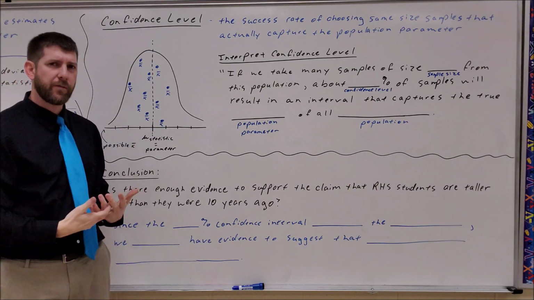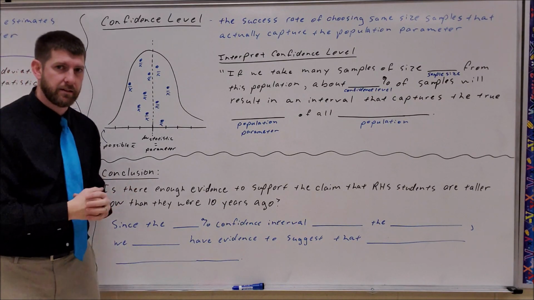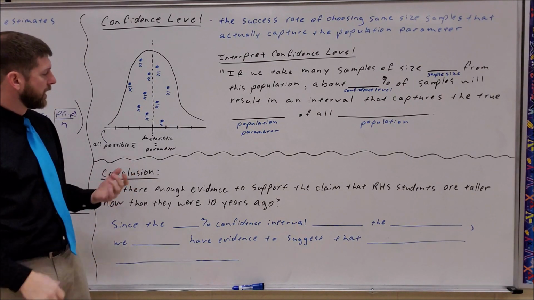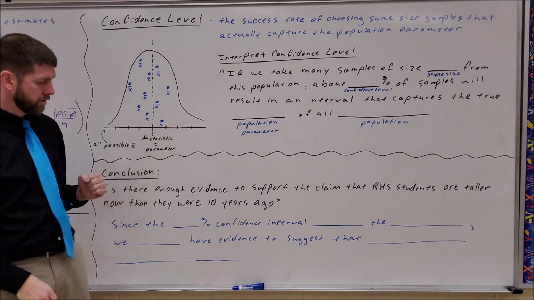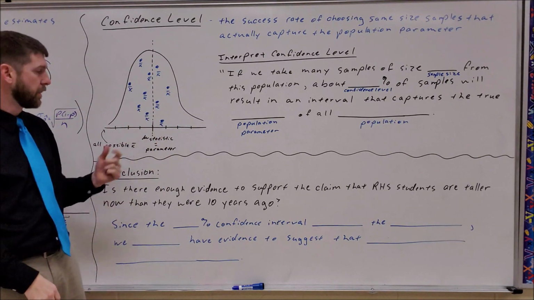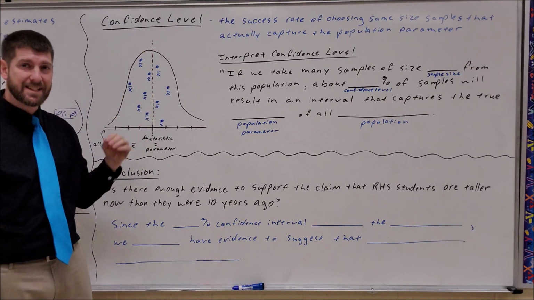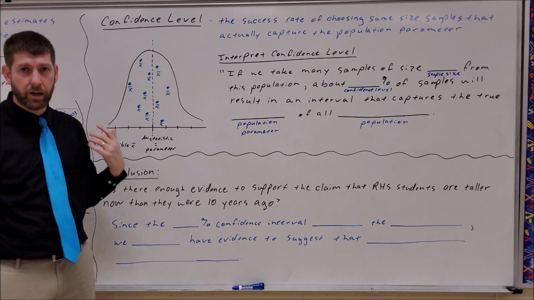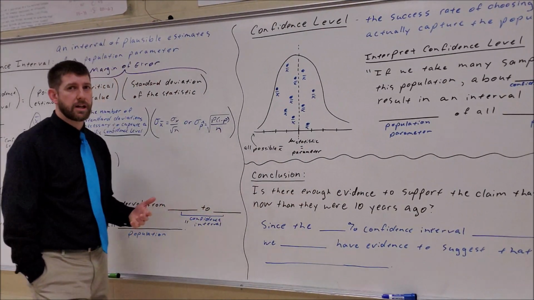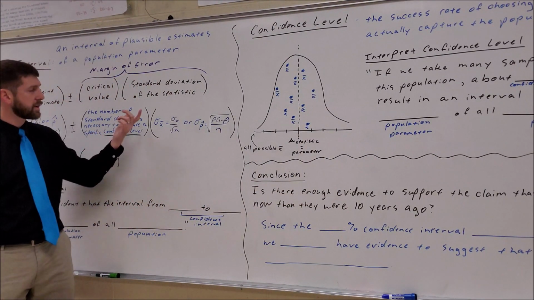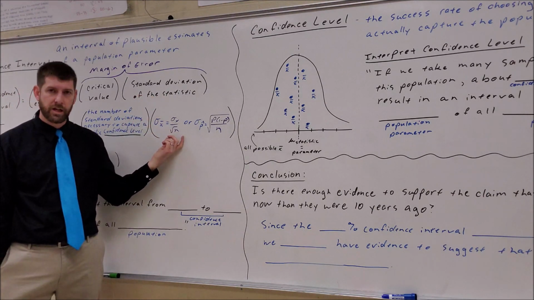So if I was going to make a confidence interval around these, it would have a certain width to it, right? That certain margin of error. It'd be a little bit smaller, a little bit bigger. But with a confidence level, it's the exact same margin of error every single time. Why is it the same margin of error every time? Well, because you have the exact same standard deviation of the statistic.